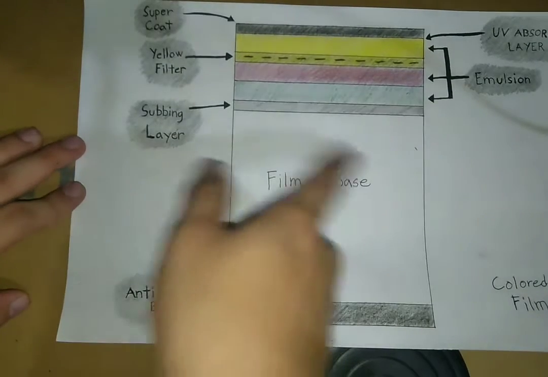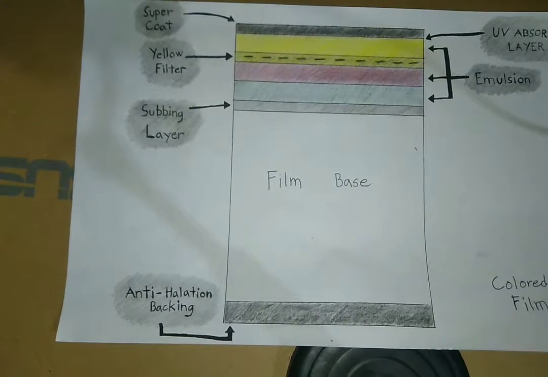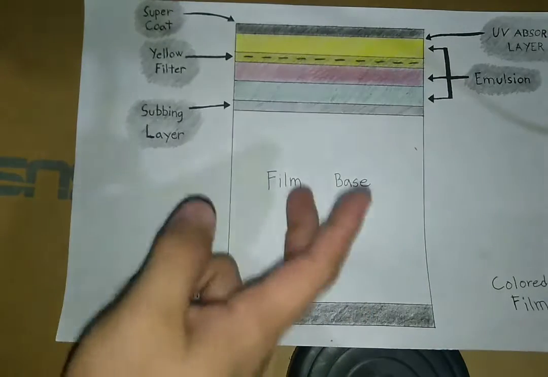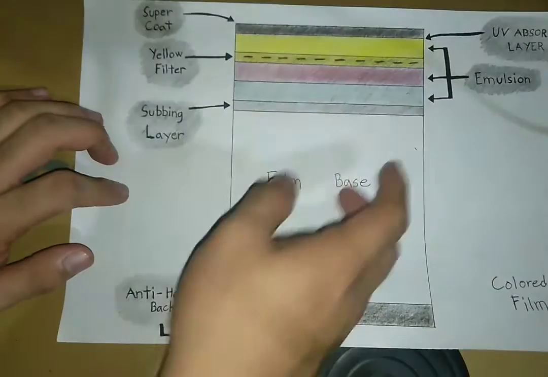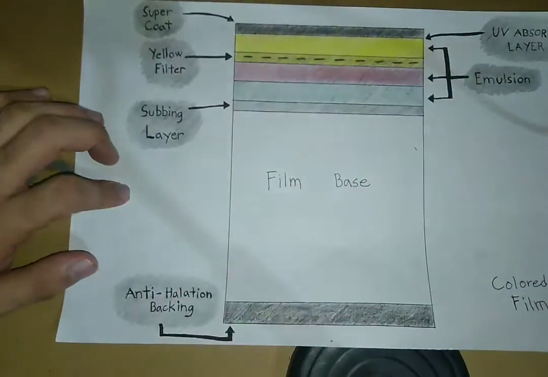So what is the work of the film base? Let us see. Film base, like earlier in the black and white, film base support acts as a support of the emulsion.